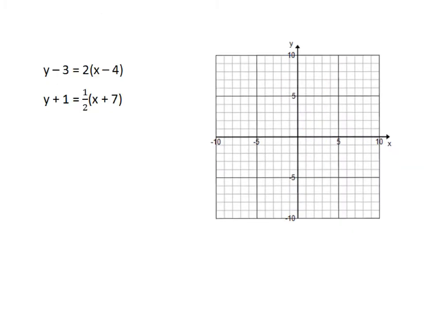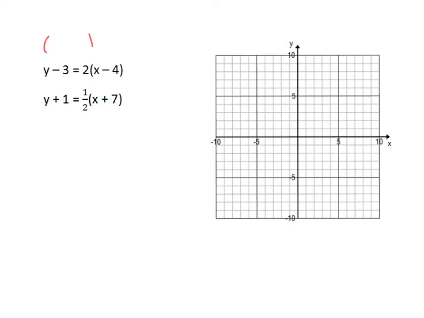Okay, so now how about these two equations? This system, same situation, we need to graph the two lines and find the solution where they intersect. This time though, we're in point-slope form. So the first thing we're going to do is write down a point that we know for the first equation.